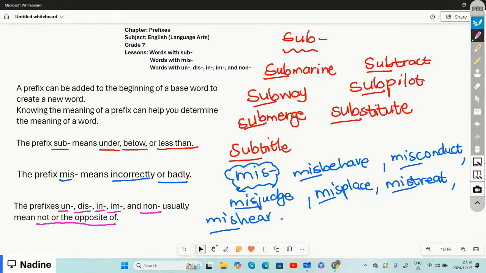And if we look at a few examples of these words, then we can say it is impossible. So instead of saying it is possible, you are saying the opposite of possible. It is impossible. Like, I don't think we can do this.